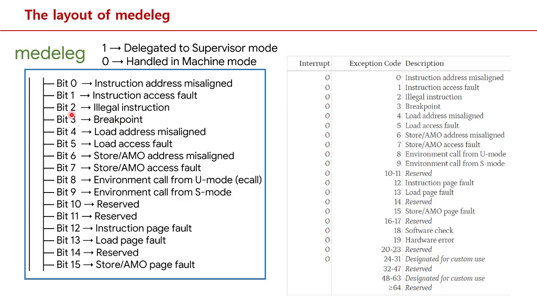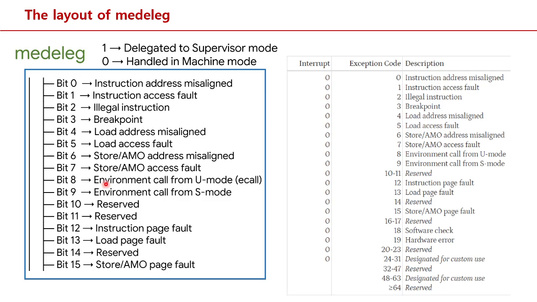For example, if you turn on the second bit position inside the machine exception delegation register, all exceptions due to illegal instruction will be taken to supervisor mode instead of machine mode. As for this specific exception, the environment call from user mode, if you turn on the bit flag, this kind of exception is taken to supervisor mode instead of machine mode.